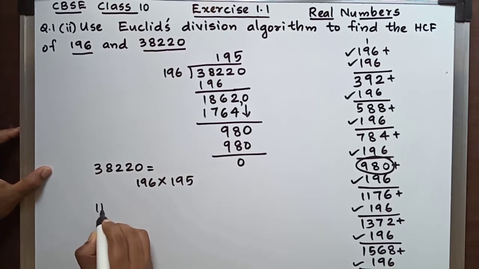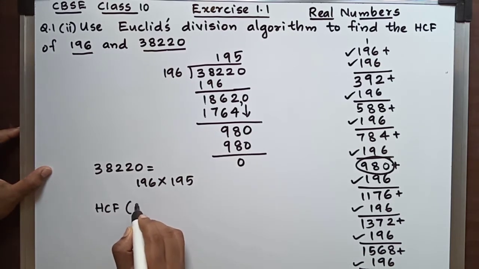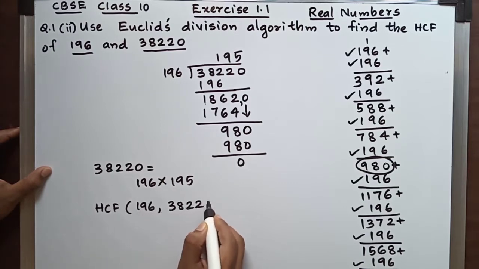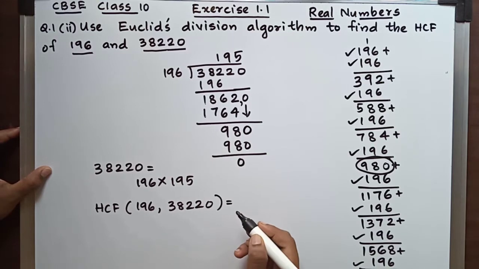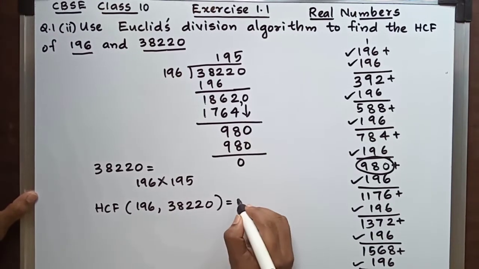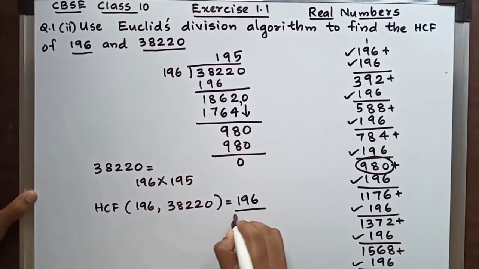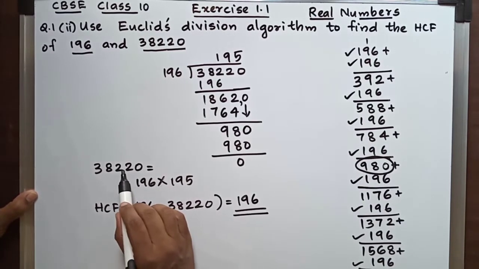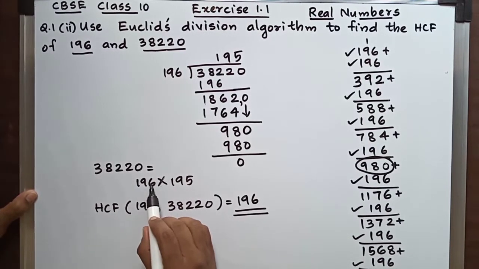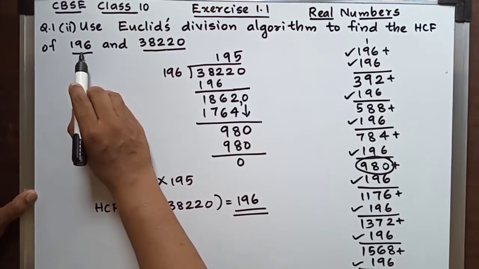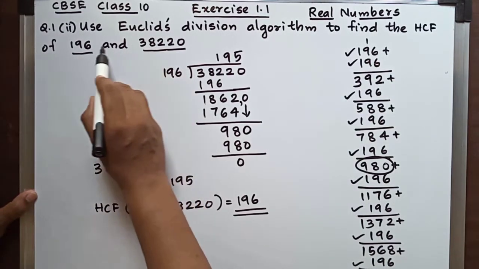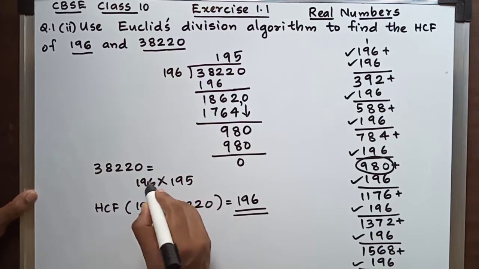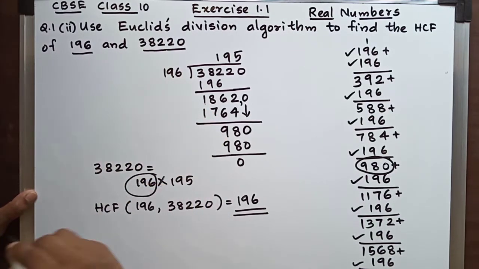So the HCF of 196 and 38220 is 196 itself. See what happens here? This bigger number is a multiple of this smaller one. That means the highest common factor is 196 itself.